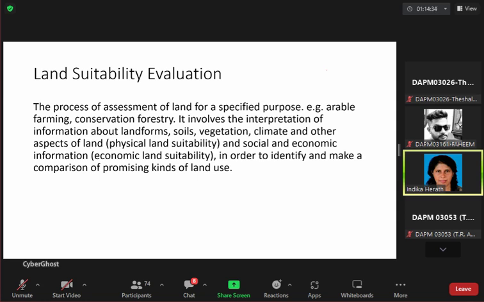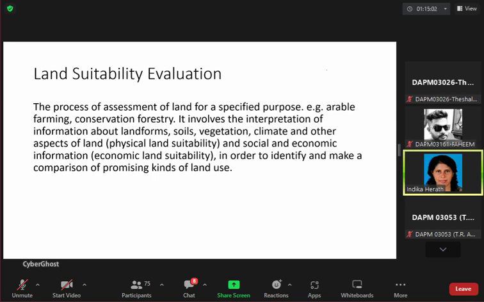It involves interpretation of information about land form, soil type, vegetation, climate, and other aspects of the land, right? So it is not only about the land's surface characteristics, but also above ground, below ground, and climatic factors. Then only can we decide whether this land is suitable.